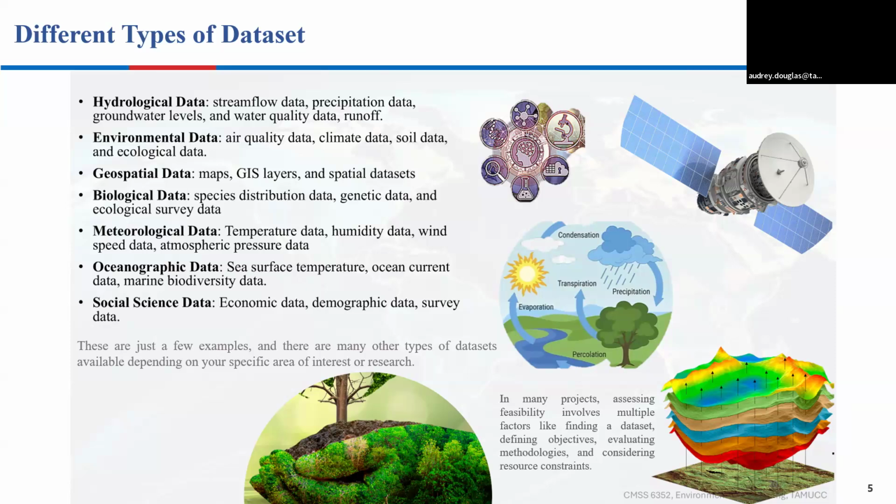The first one is hydrological data, environmental data, geospatial data, biological data, social science data. These are just a few examples. There are many other types of data sets available, depending on your specific area of interest or research, right? This is just a simple overview of the different types of data sets we have.